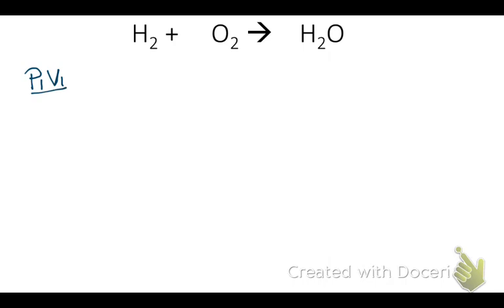The combined law, P1V1/T1 = P2V2/T2. This is one of the important formulas. And remember that if you keep one of the 3 variables constant, you will have either Boyle's law or Charles' law or Gay-Lussac law.